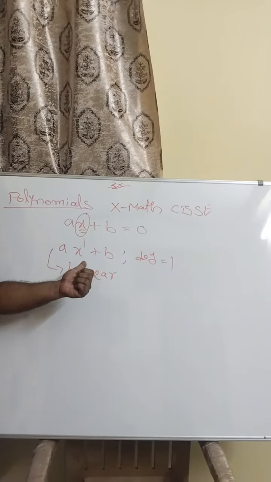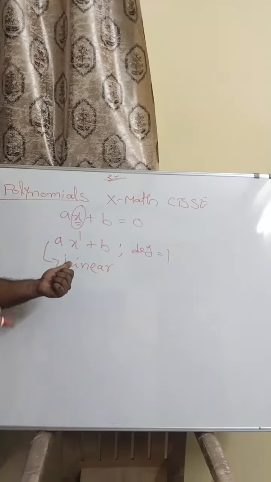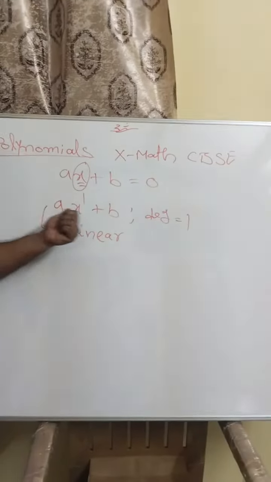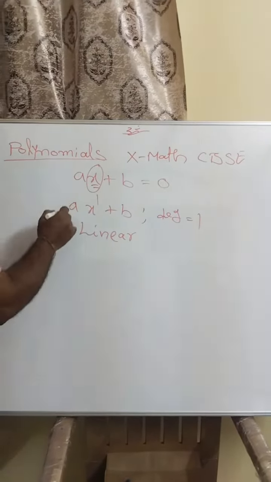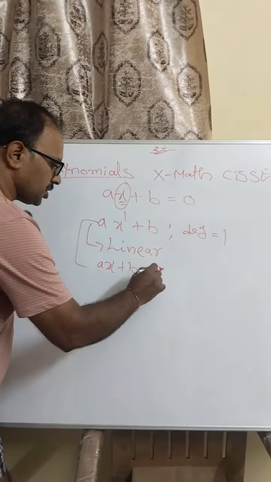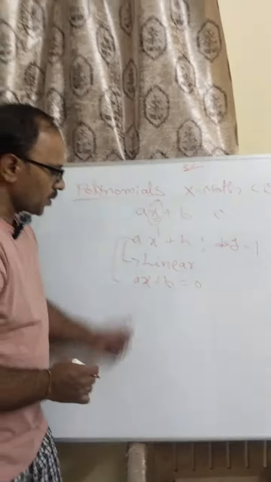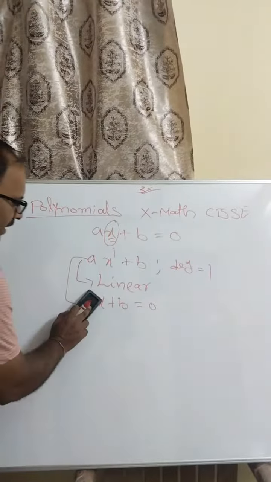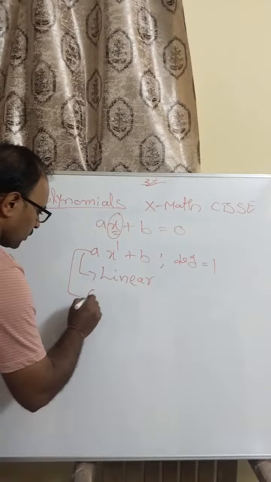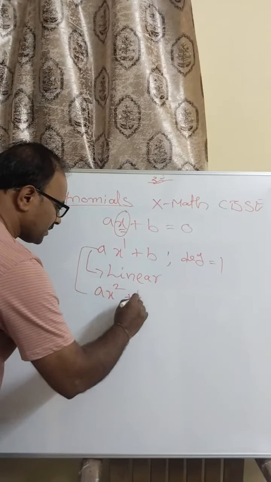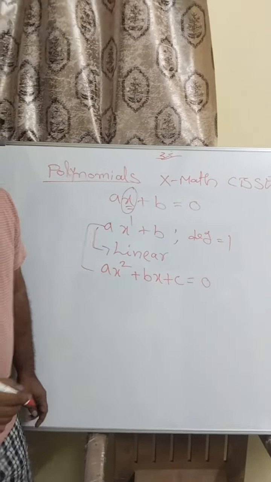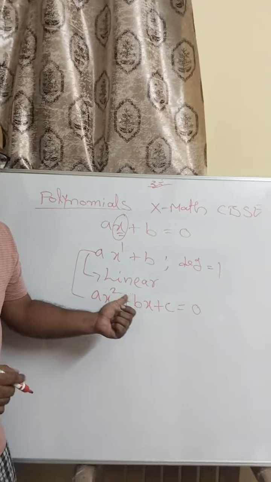Now if we increase the order of the variable presented in the expression, let us say this is our equation, ax plus b equal to 0. Suppose the order of the variable rises to 2, that is, if we have ax square plus bx plus c, let us say this is a polynomial of order 2.